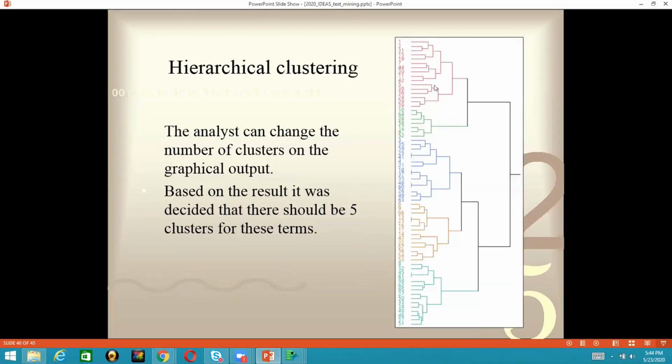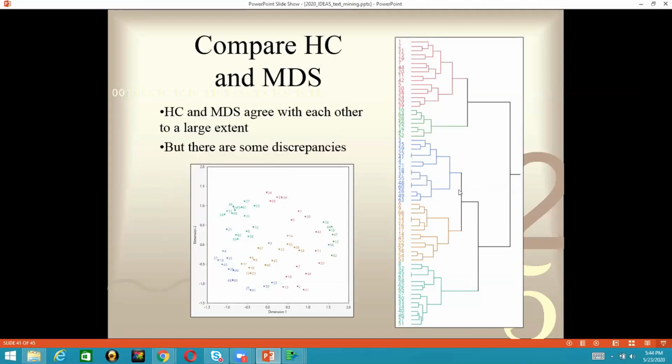Then you can look at how many groups. I look at this one and I think there should be 5. Once again, I can project the same data using MDS, multi-dimensional scaling.